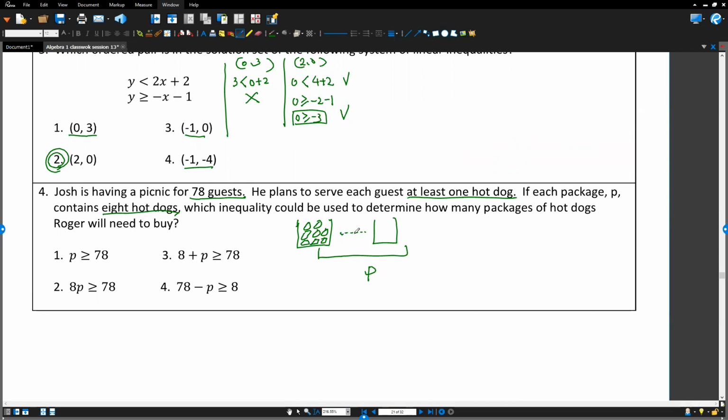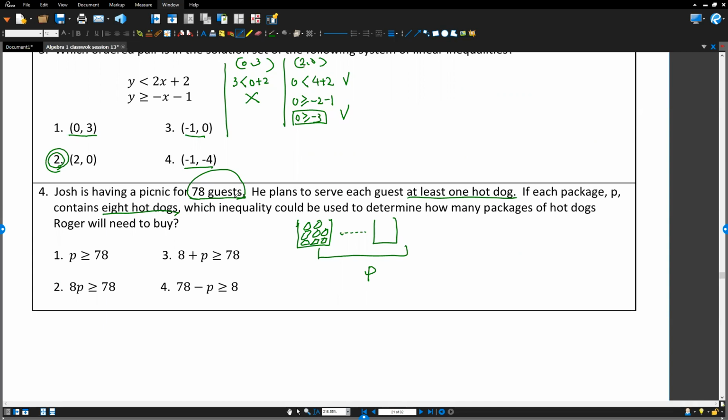So which inequality could be used to determine how many packages of hot dogs we will need to buy? 78 guests, each one has at least 1. The number of hot dogs should be greater than 78, right? 90 is okay, 100 is okay, right?